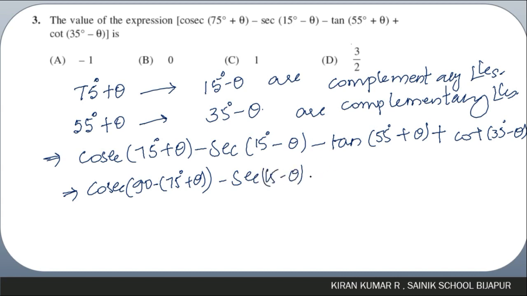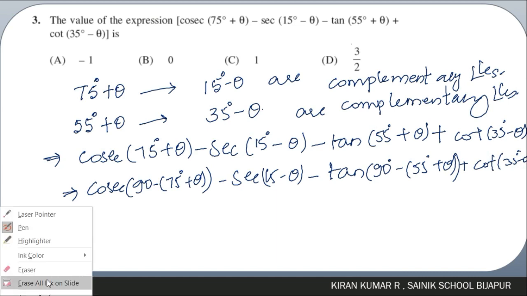I'll write as it is. Now instead of tan, I will write tan of 90 degree minus of 55 degree plus theta plus cot of 35 degree minus theta.